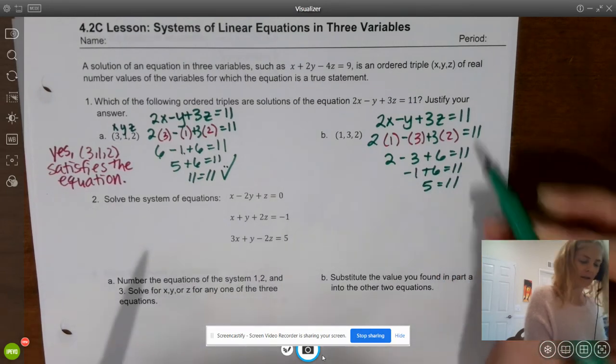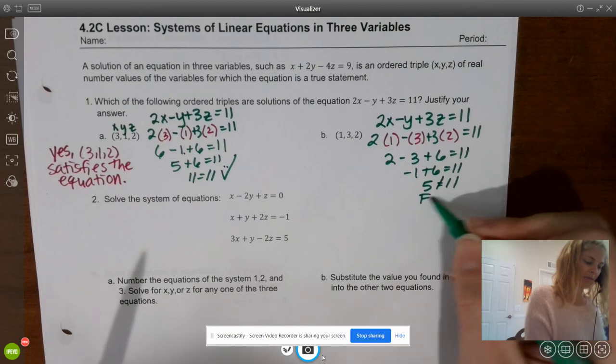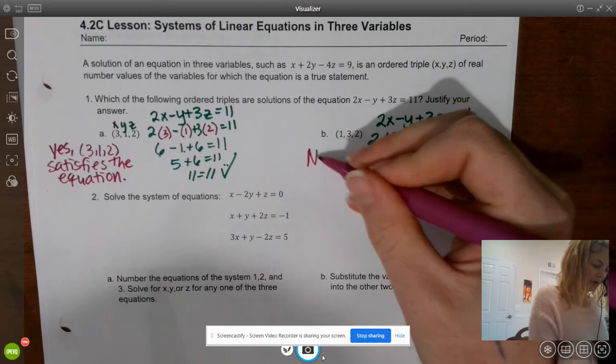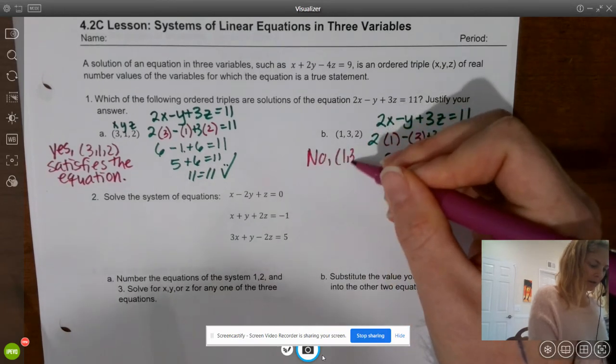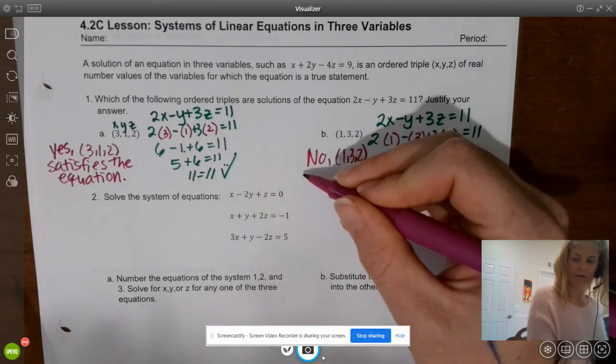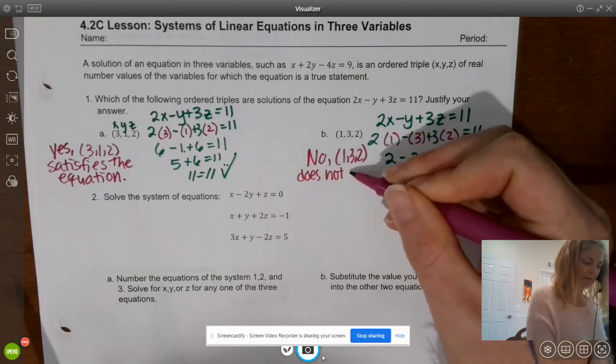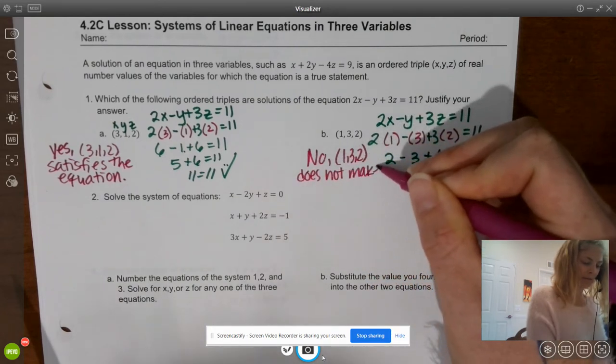I got a false statement. This is false. So this is no, 1, 3, 2 does not make the equation true.